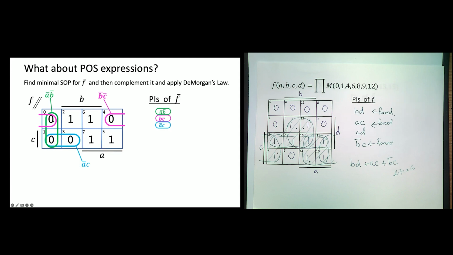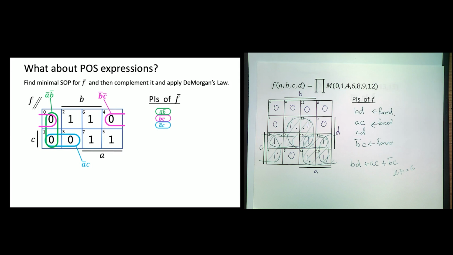And the product terms that correspond to these are obtained the exact same way as you did before. So this green one is not in A and not in B and straddles C, so it's A bar, B bar. And this one is not in B and not in C, so it's B bar, C bar. And the blue one is not in A, but it is in the C's region, so it's A bar, C. Okay?